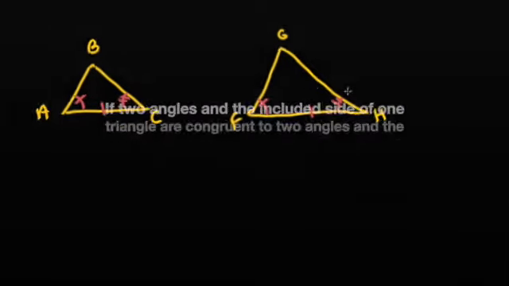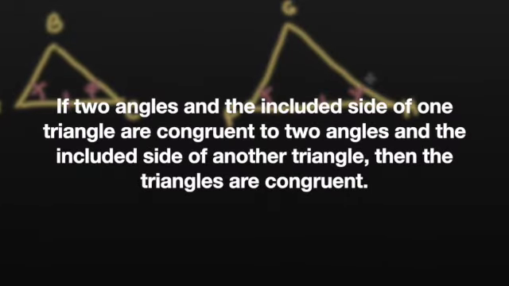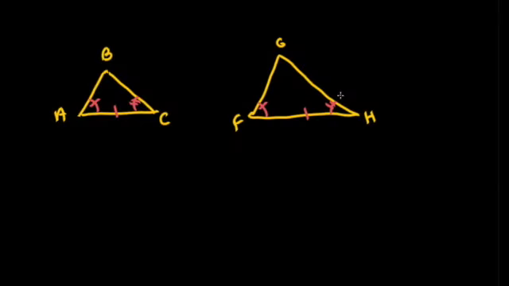The ASA postulate states that if 2 angles and the included side of one triangle are congruent to 2 angles and the included side of another triangle, then these triangles are congruent. All right, let's go ahead now and try some problems.